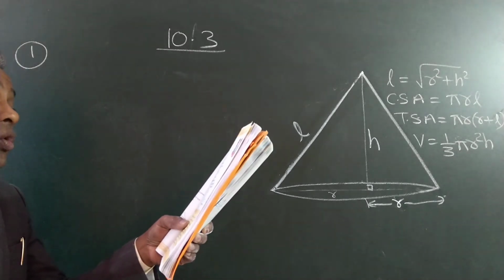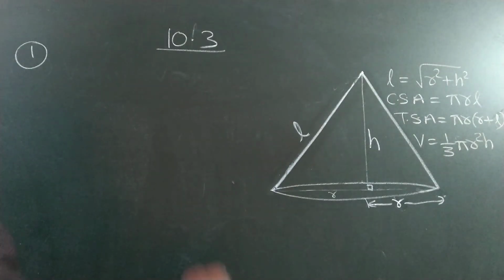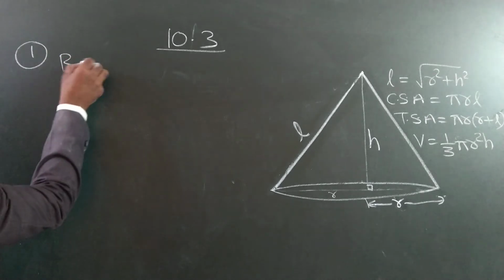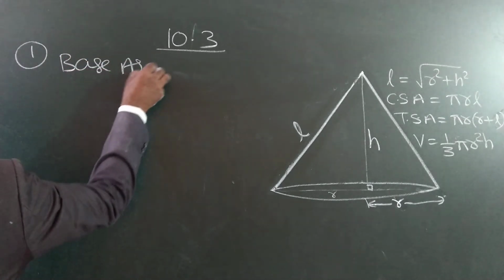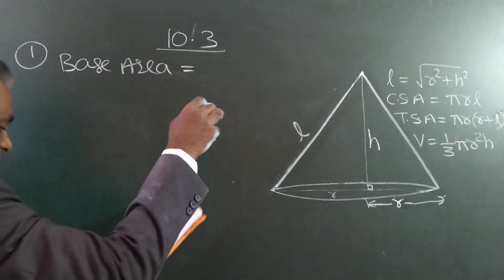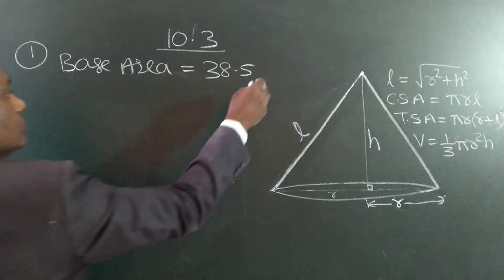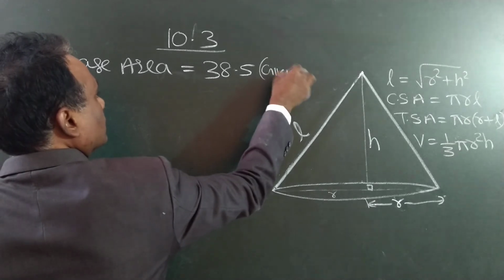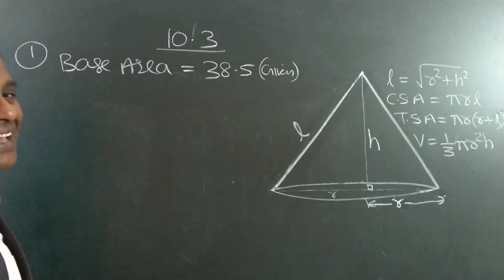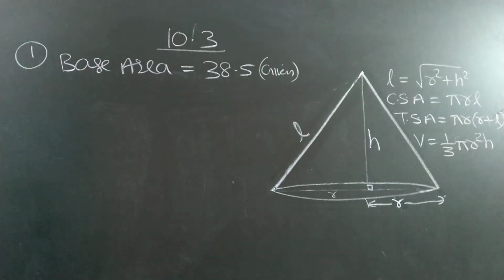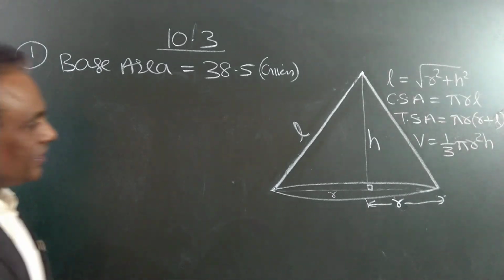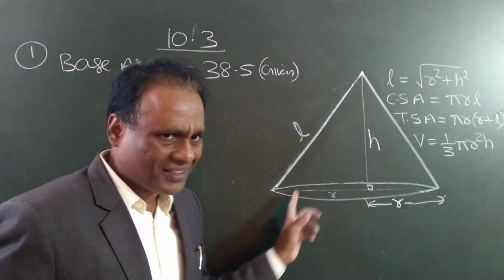Base area of the cone is equal to 38.5. First problem I am solving. Base area is equal to 38.5, given. This is a cone. Base is a circle, no?